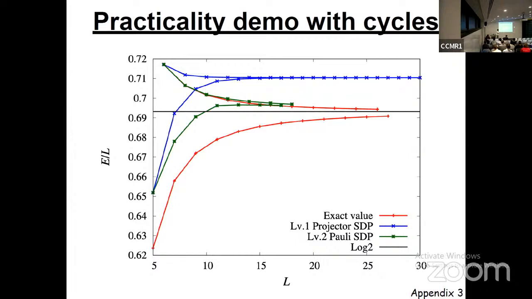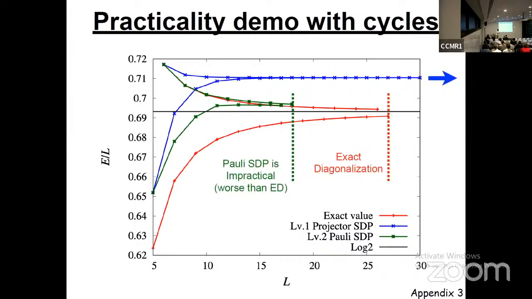But the point is actually that the green line stops here because the SDP program, although it's theoretically polynomial time, is very much impractical. So you need to stop here. You can't do any system sizes larger than that, and that's actually even smaller than exact diagonalization.